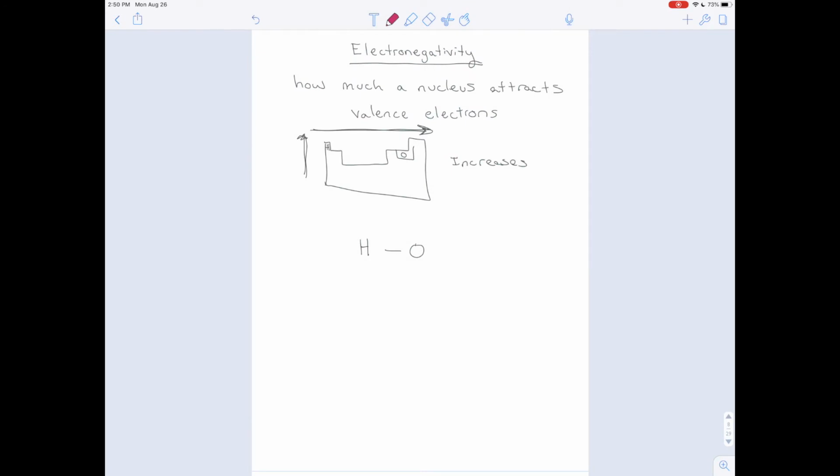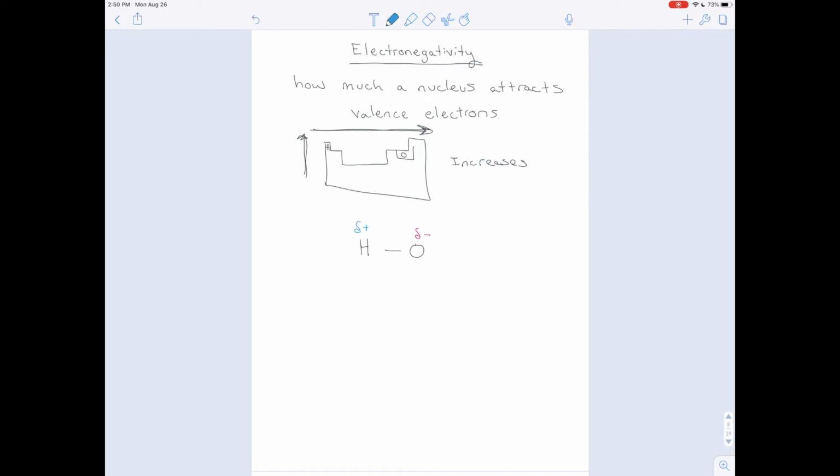That means that the electrons are going to spend more time around the oxygen, and the oxygen will become slightly negative. The electrons are going toward the oxygen, they bring their negative charge with them, and so the oxygen becomes slightly negative. And if they're going toward the oxygen, they're going away from the hydrogen, so the hydrogen is left with a slightly positive charge.